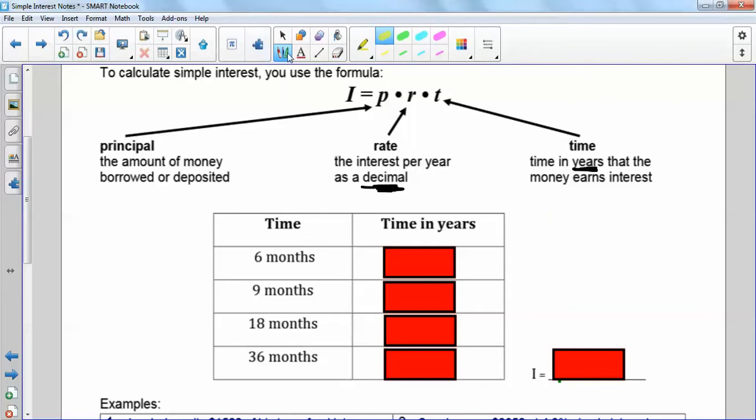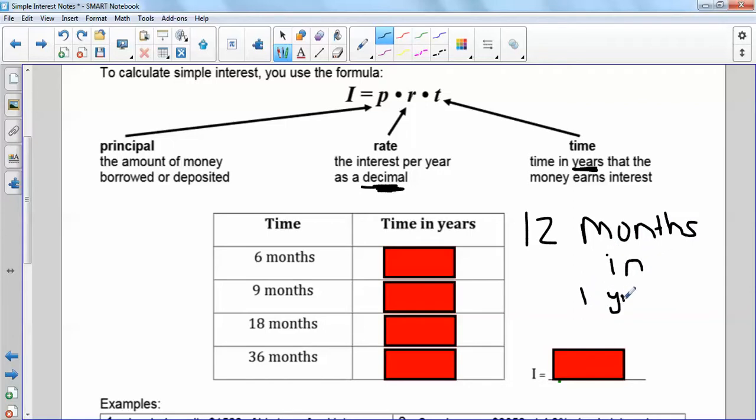Just in case you don't know, there are 12 months in 1 year. Okay, so if you're looking at months to years, what you can do is take the months and divide by 12, and then you could figure out how many it is in years.